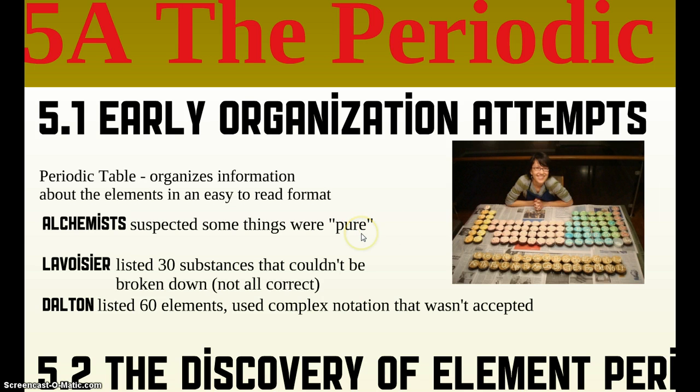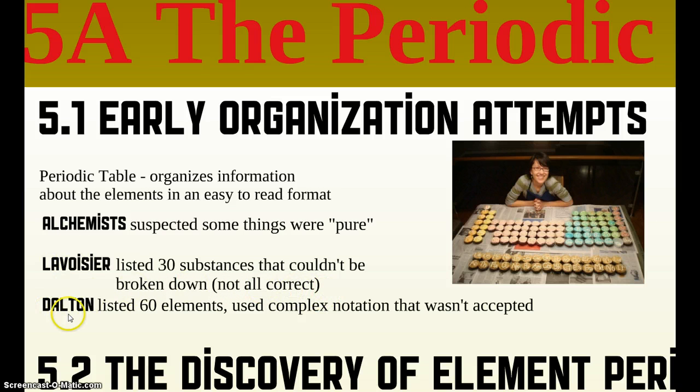And then moving forward to 1793. That's when Lavoisier, our great friend, the father of modern chemistry, made a list of things that couldn't be broken down. Now, his list at the time was not all correct, but he was at least on the right track.